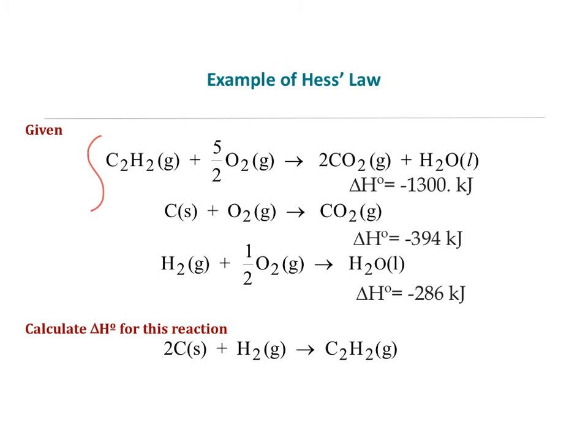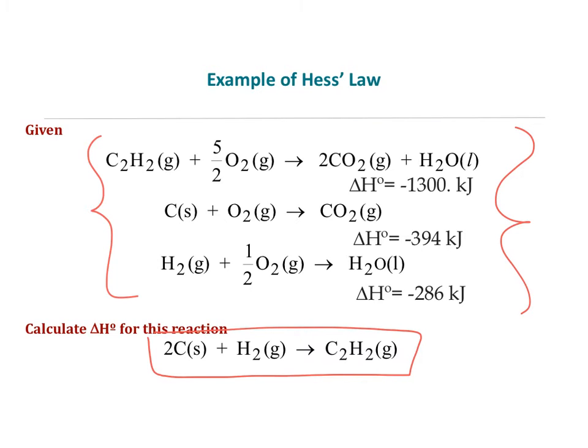You are given 3 sample reactions and asked, using these 3 reactions, to calculate the heat of reaction for this one. So you have to figure out how to combine these 3 reactions and then do the same thing to their delta H values.